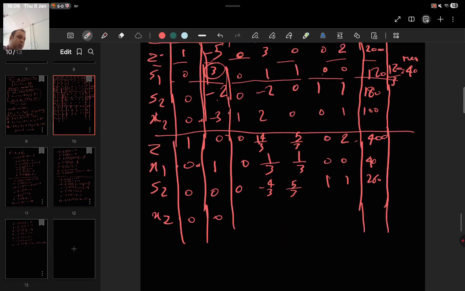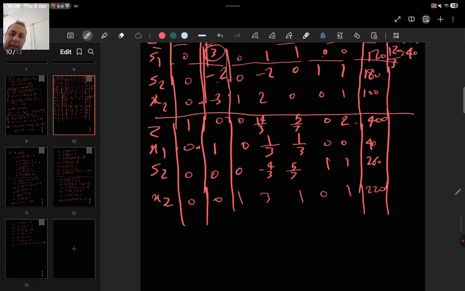Write it down here in the table, the calculated values: 0, 1, 3, 1, 0, 1, 2, 2, 0.